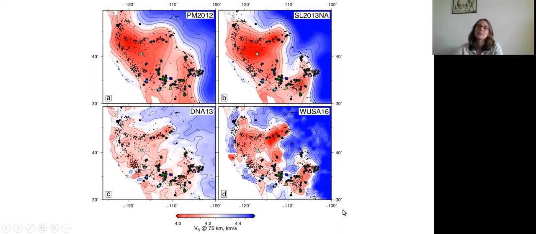But you can see that in all 4 of these different models, they're basically resolving the same sort of features. We've got slow velocities in red on the western side, and then fast velocities in the cratonic regions on the right. And in all cases, the location of these slow velocities overlaps with where we see volcanism at the surface. So I'm just going to talk about the bottom right model.